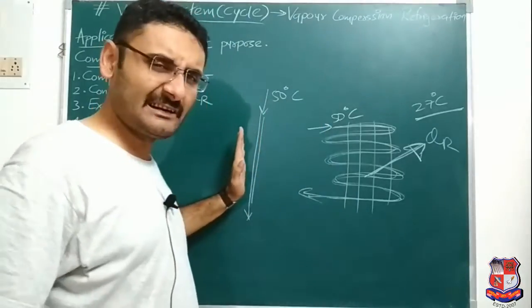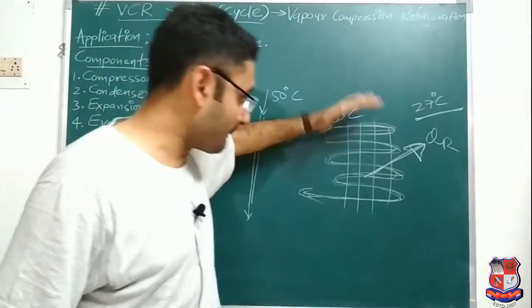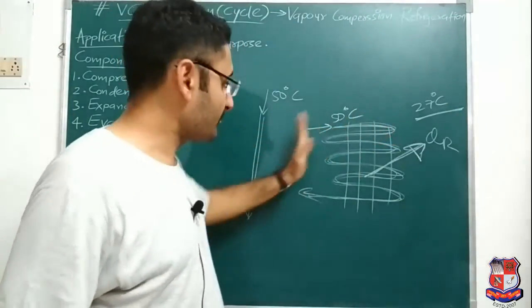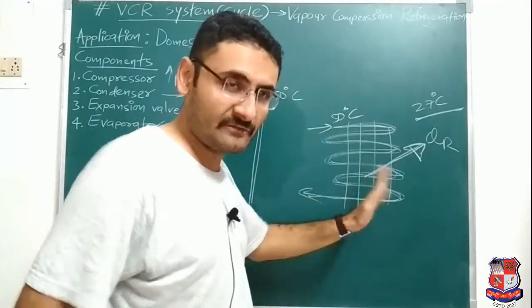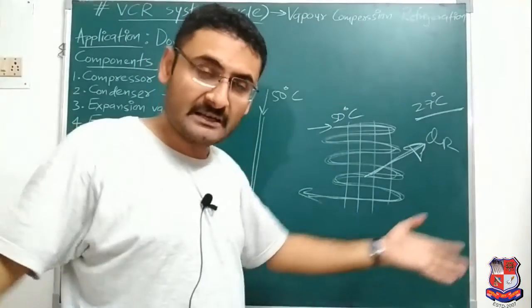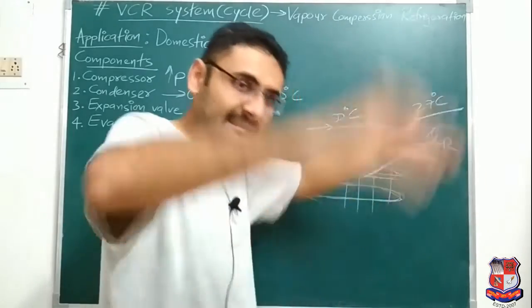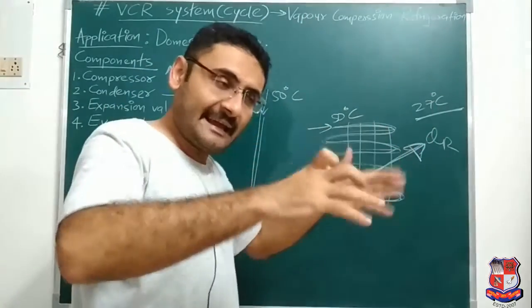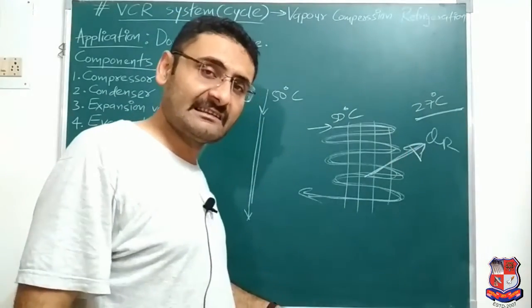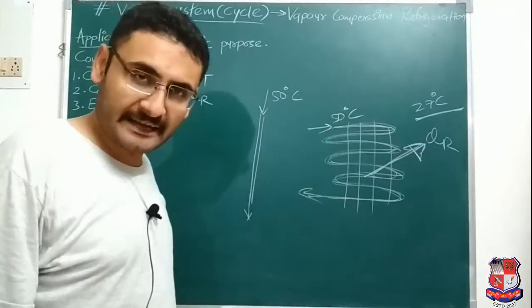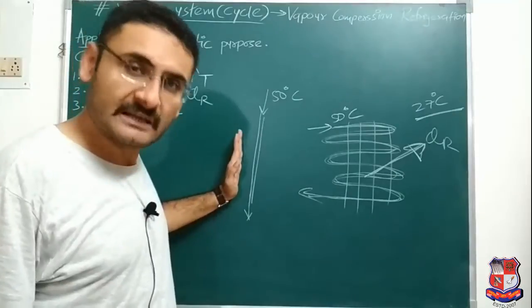Over here maybe 1 degree, 2 degrees it may reduce, but compared to this, here a large amount of temperature is decreased. Why? Because the surface area of contact of this pipe with the surroundings is very high. As the surface area of contact increases, the heat dissipation rate also increases, and as the heat dissipation rate increases, what happens? Lower temperature is maintained within a shorter time, which is not possible over here.